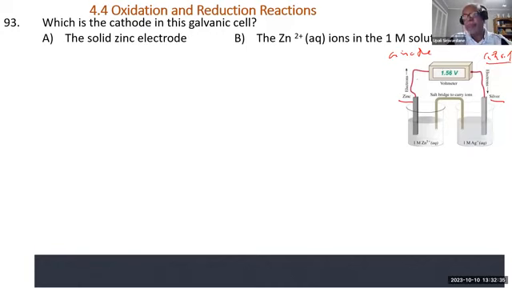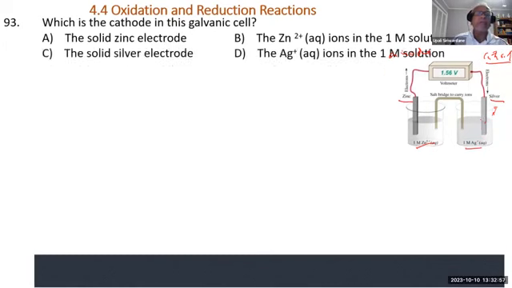Electrons flow through the wire, creating 1.56 volts of electrical potential. So this is the zinc sulfate solution. This is silver nitrate, zinc nitrate solution. So if you look at this equation, what is the cathode? The cathode is silver.